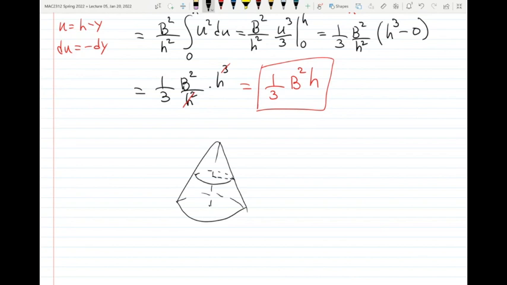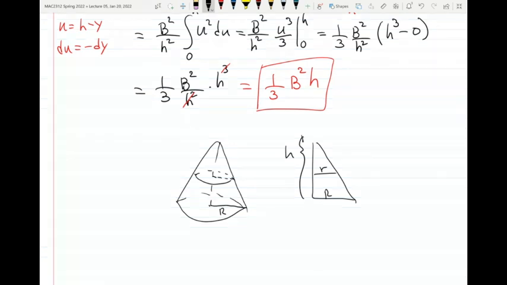But you will need to know the radius of that circle. How do you find the radius of that circle of the slice? Well, here is the radius of the base, and then you have your similar triangle situation. Here is little r, here is big R, this is h, right? And then you play exactly the same game. It's just that you have a different formula. Instead of b squared, the formula you have to integrate is pi r squared, right?